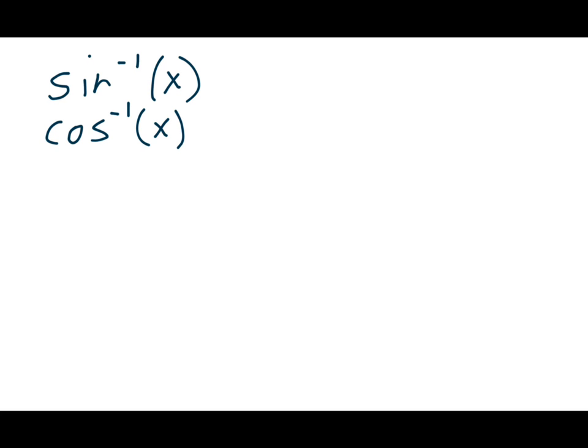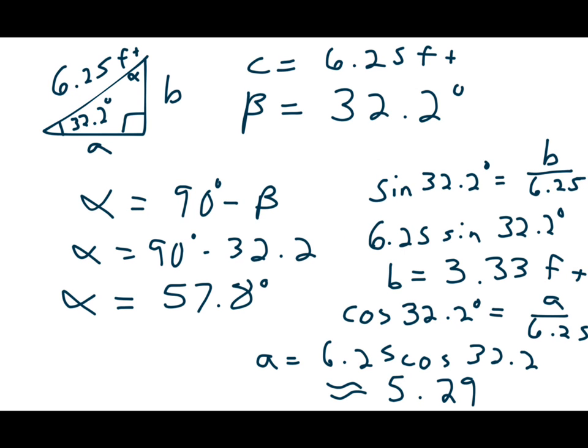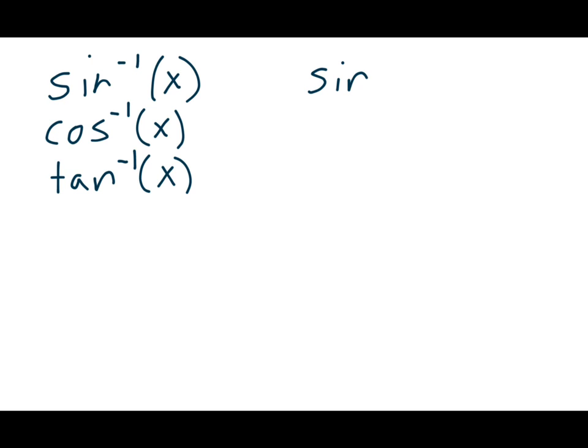Okay, now in your calculator, there's second functions of your trig functions. You see sine inverse, cosine inverse, and tan inverse. Those in your calculator are saying what angle would produce a sine of a given value. So let's just say we find sine of 30 degrees.